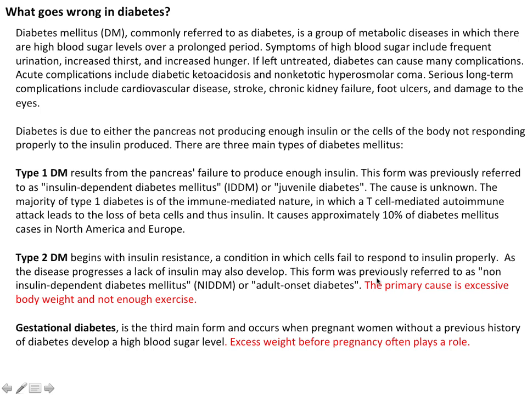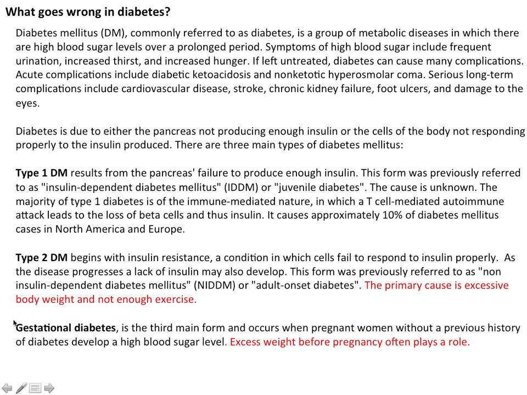This form of diabetes is called non-insulin dependent diabetes mellitus, or NIDDM, and it is a disease of adults. Its primary cause is excessive body weight and not enough exercise. So if you do not exercise properly and eat regularly, it can cause type 2 diabetes.